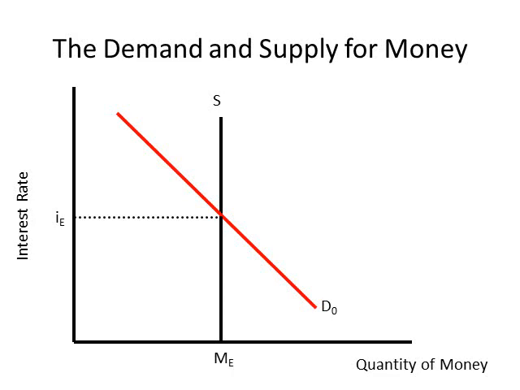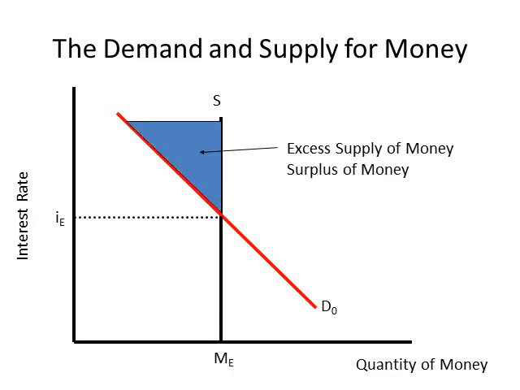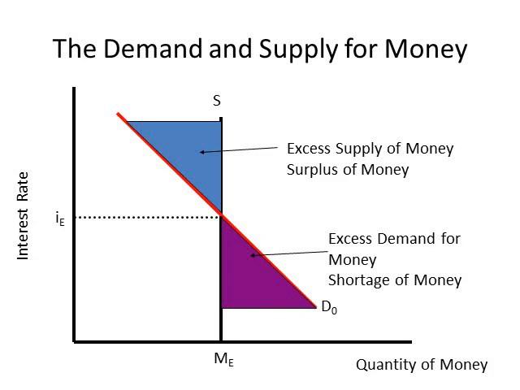Notice that we have an equilibrium interest rate of I sub E. Any point above I sub E is going to have a surplus of money in the economy, and at any interest rate below I sub E, there will be a shortage of money in the economy because of excess demand for the money.